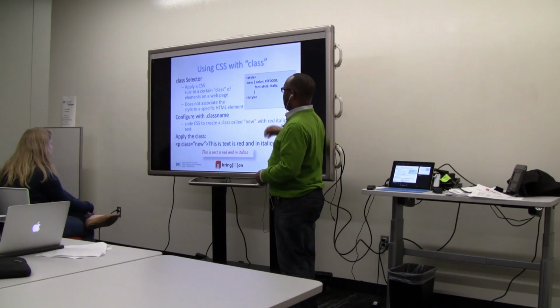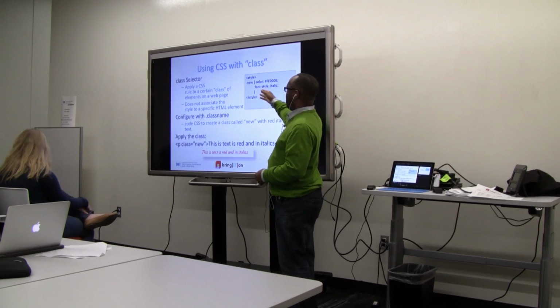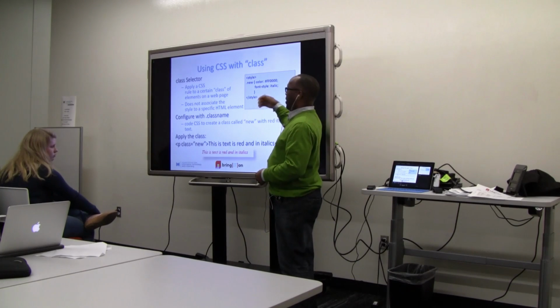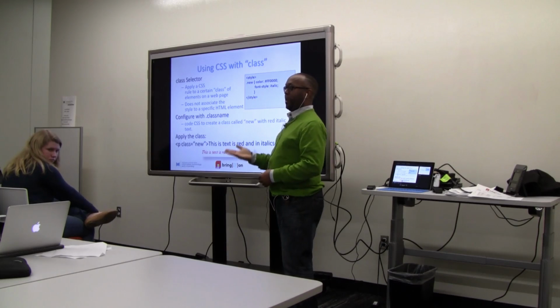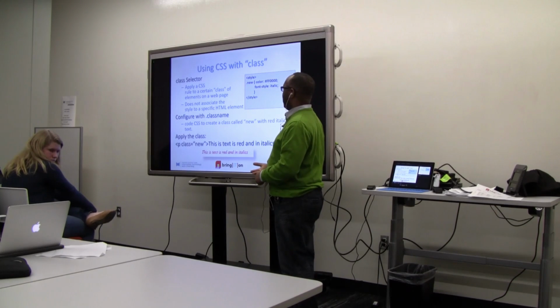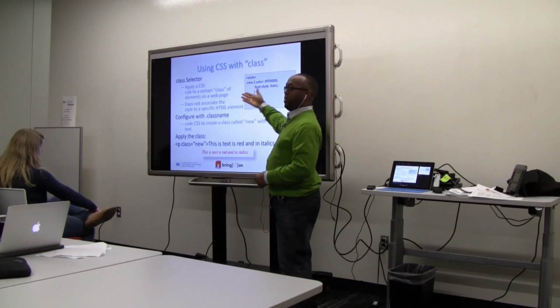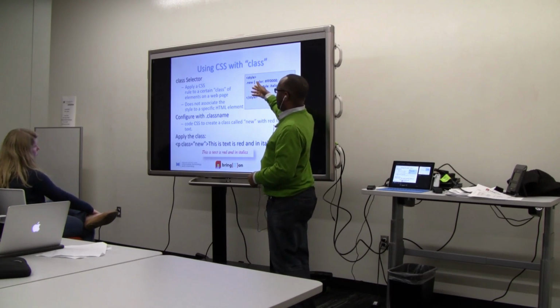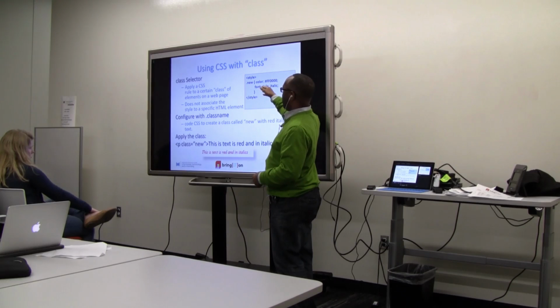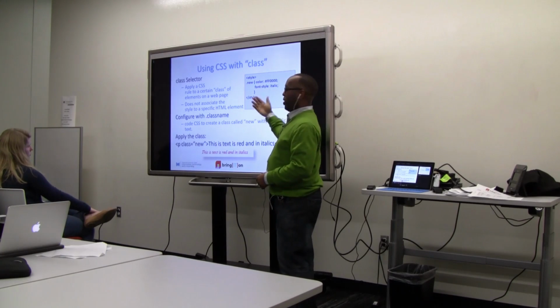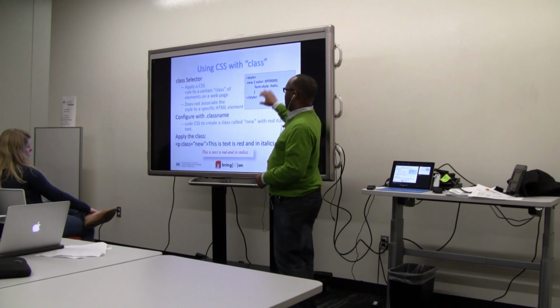In our CSS, the notation is the dot followed by a user-defined name that you design or define as an end user. In this sample, we chose the word new, and the dot indicates that we're going to create this rule. Whenever we reference this rule or apply it to a block level element, the supporting rules will apply to this style.